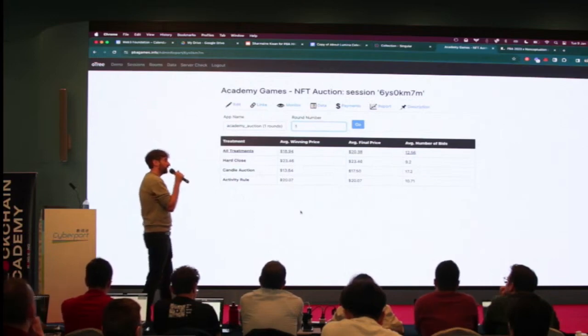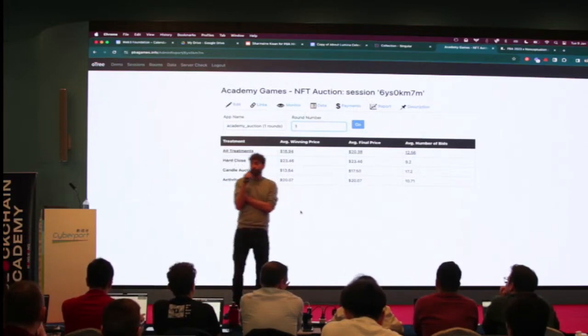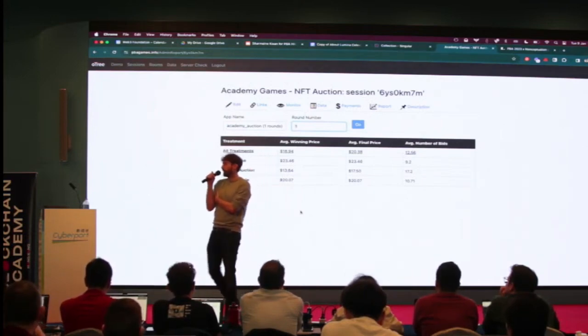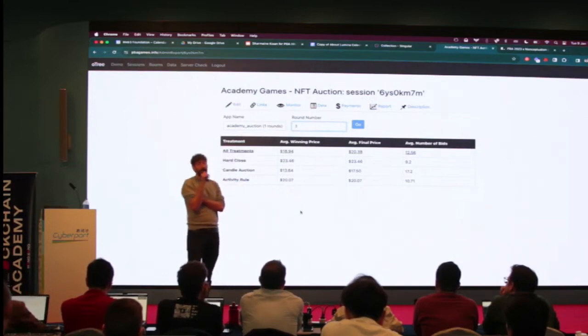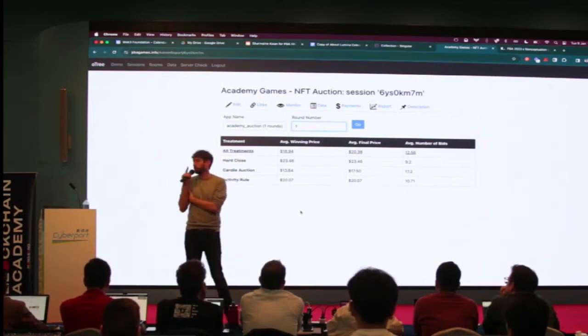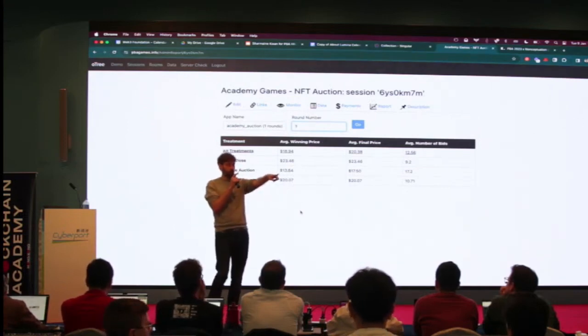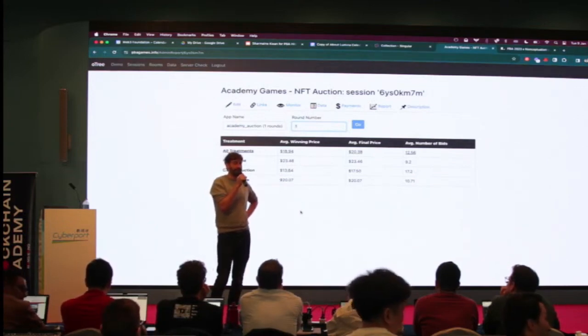Was there somebody here who was disadvantaged by the candle auction mechanism, who was actually winning at the end, but then the candle auction turned it around and said the auction ended at a time where you weren't winning? You were the highest bidder at the end, but you didn't get the NFT?